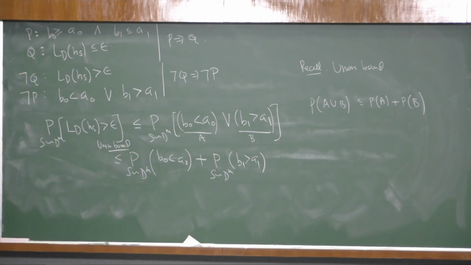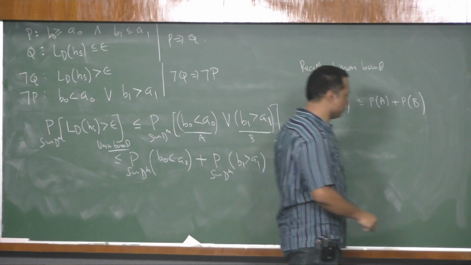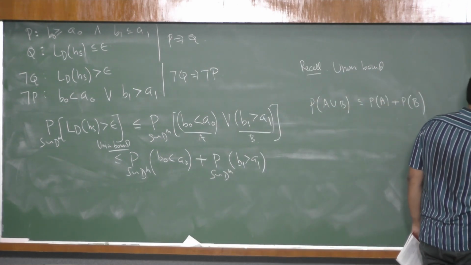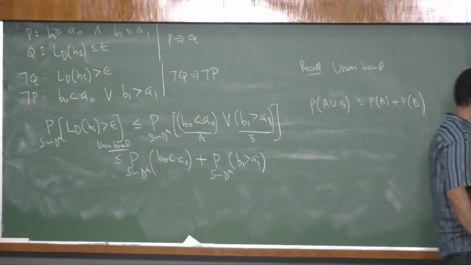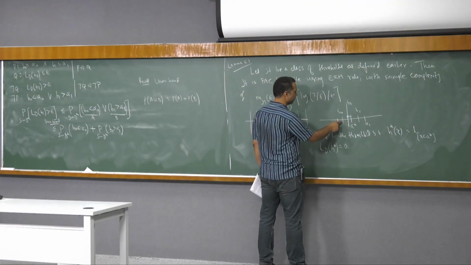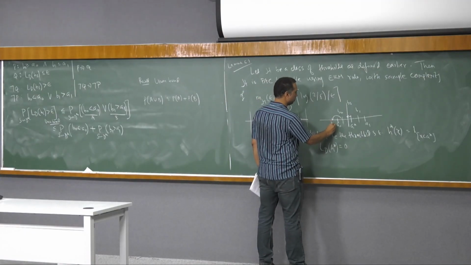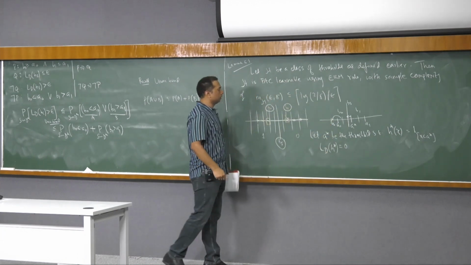Now we have to look into these individual terms. The event B naught less than A naught happens if and only if all examples in S are not in the interval A naught A star. B naught less than A naught exactly means that. I think this figure is fine. B naught less than A naught means that A naught was somewhere here.